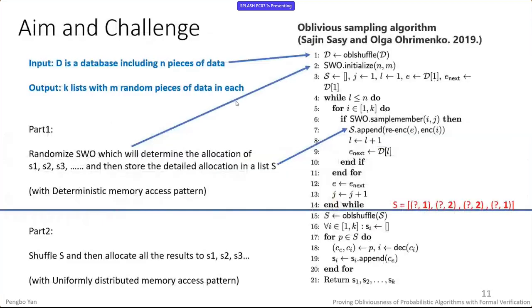Which means, if we look at the code, at line 15 there is a shuffle. We are going to shuffle this S, where S is a list. We just want to shuffle this whole list, but this list S is a truly random distribution here. It's not a static value.